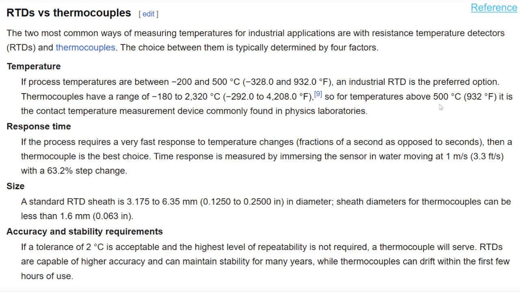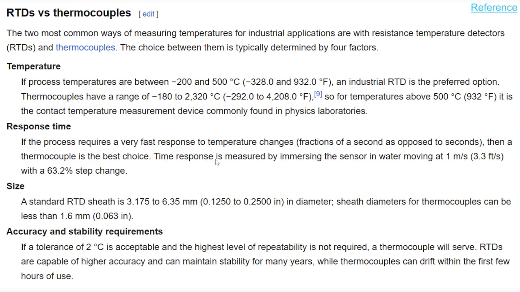So for temperatures above 500 degrees Celsius, we consider using thermocouples, and they are contact temperature measurement devices, and that's why they are very accurate. Their response time is also very good, and if the process requires a very fast response to temperature changes, then a thermocouple is the best choice.